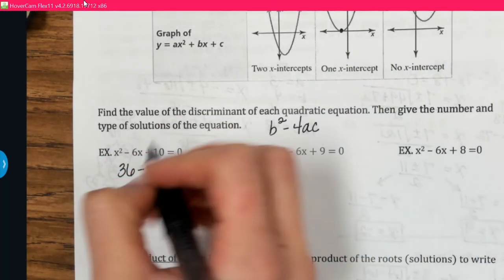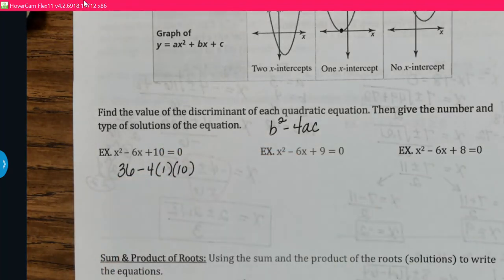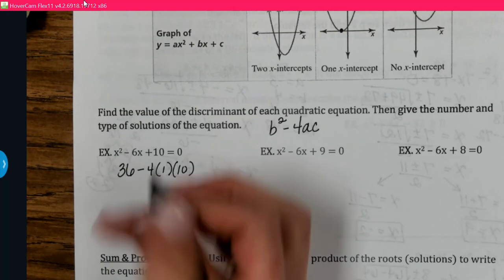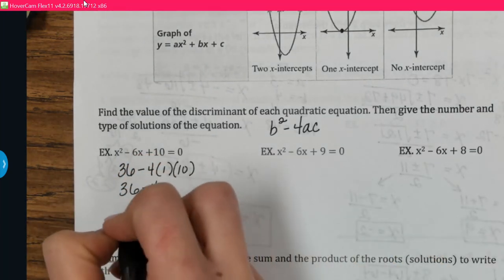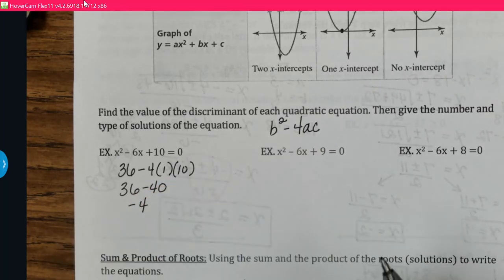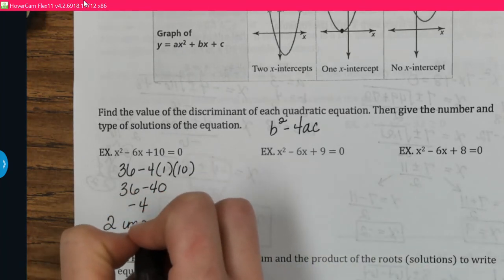Minus, I'm taking 4 times a times c. Which is, yeah, so I have 36 minus 40, which is negative 4. So, how many and what type of solutions do I have? Two imaginary solutions.